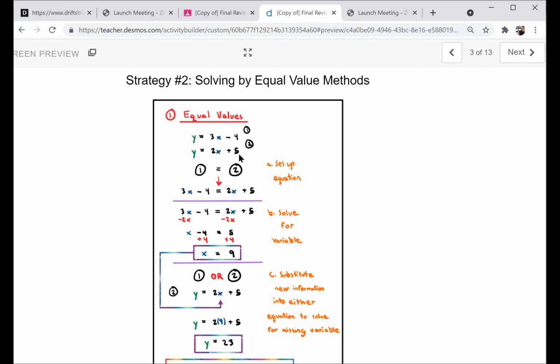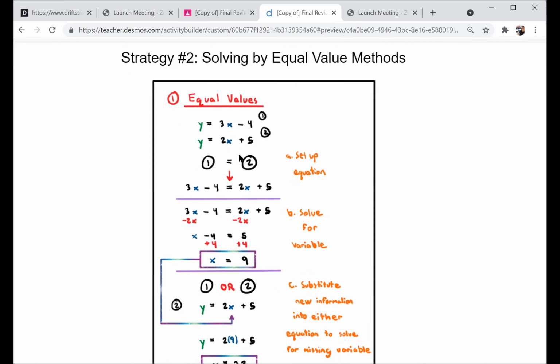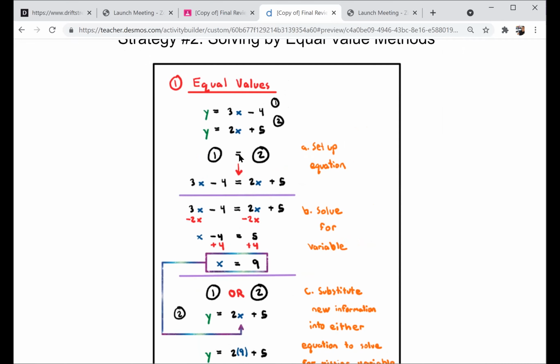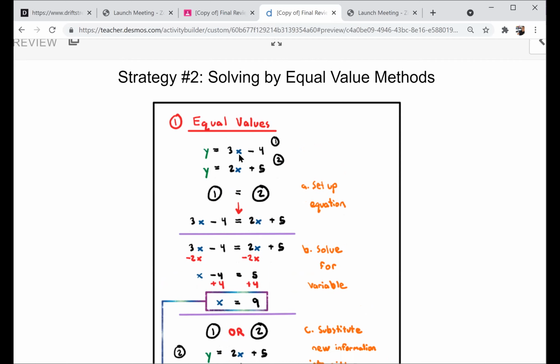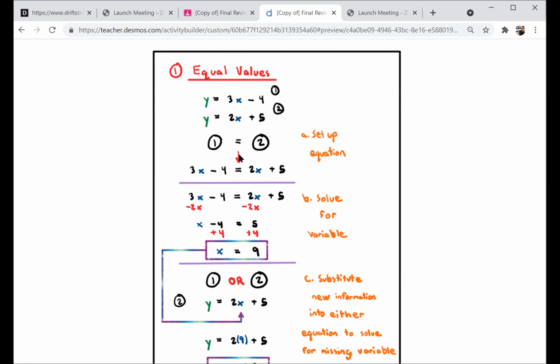Okay, so we have our first visual of equal values. I think you remember this one. Remember the green, look at the two green y's. When we were on this section, we circled them and kind of drop kicked them and just set them equal to each other.